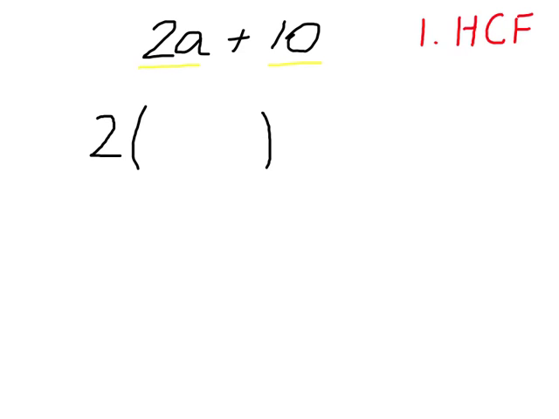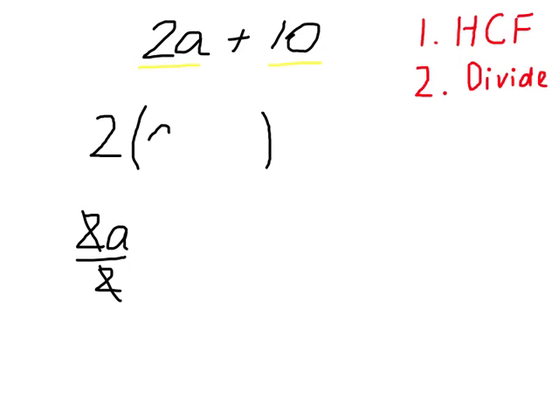Now the second step is we divide. We divide each term in our original question by the highest common factor. So in this case we're going to divide each term by 2. Now it's a really good idea sometimes to do the working. So we do 2a divided by 2, we cancel out the 2 and we're left with a.